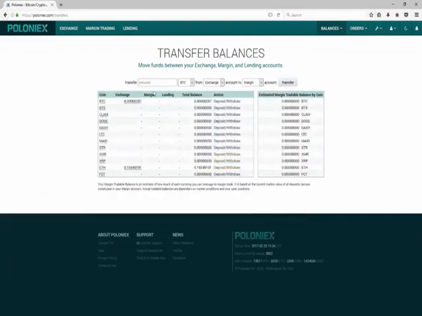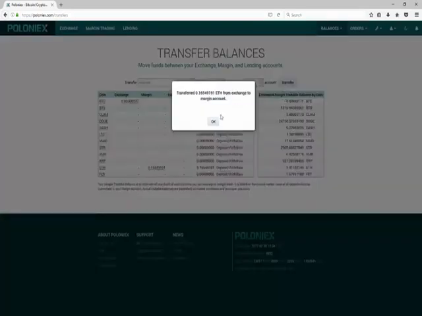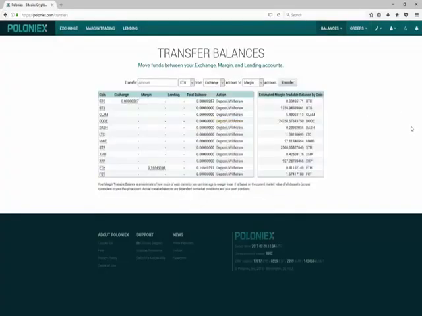All right, so click on that, exchange to margin. Actually, let me do Ethereum since there's more. All right, from exchange to margin. And now I just go in the margin trading tab.